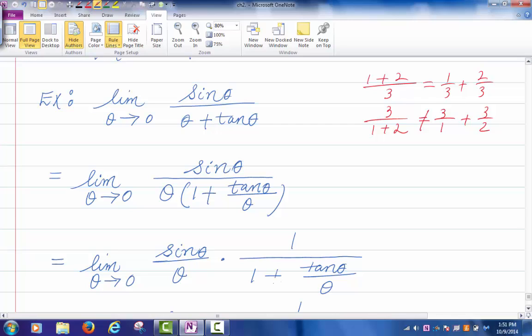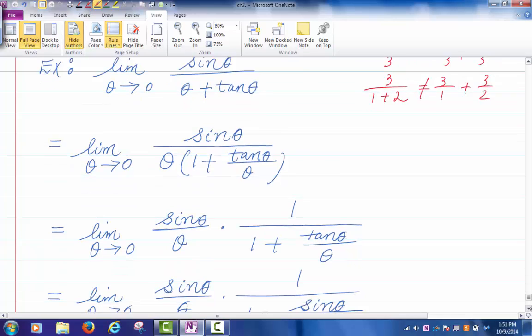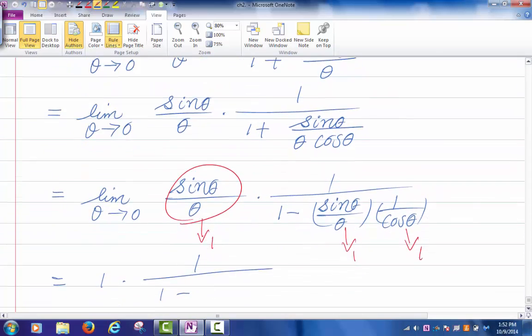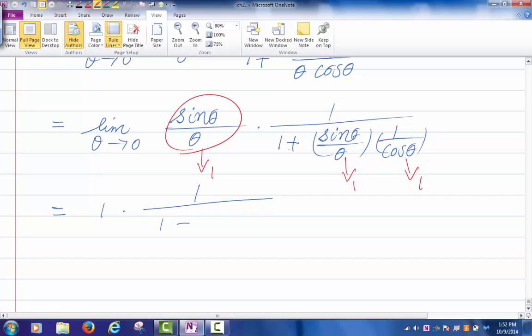Okay. And this will be 1 times 1, right? So what's the limit then? 1/2. Is everybody okay?